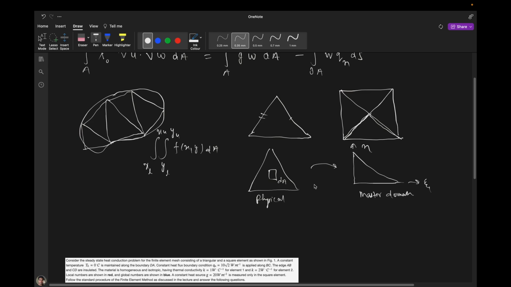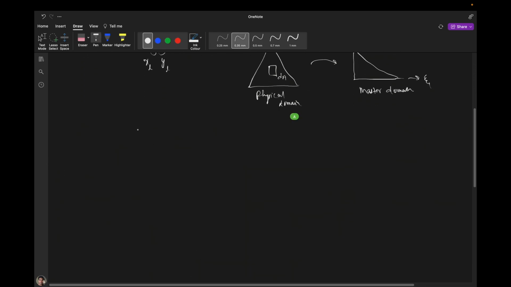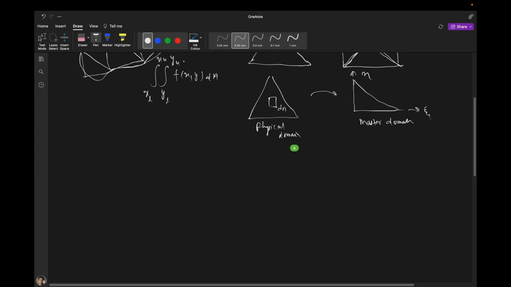And if we are able to convert from the physical domain to the master domain, then this integration will be very easy, because in this case the integral will be something like this.